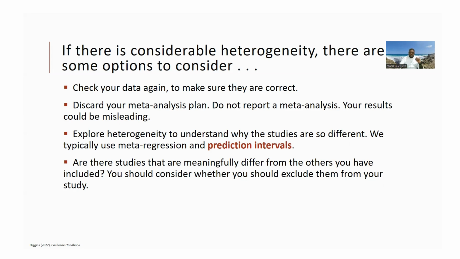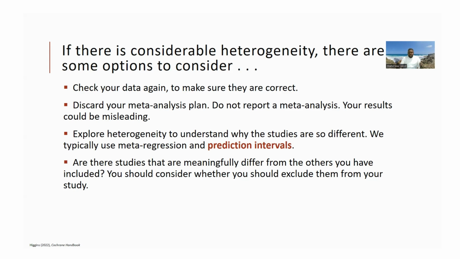It might be that in 10 studies, they had asked people to do a recall, right? But in two studies, they had used an Apple Watch, or some form of smartwatch. And so when you pool those two studies together with the 10 studies, now your results are all over the place.